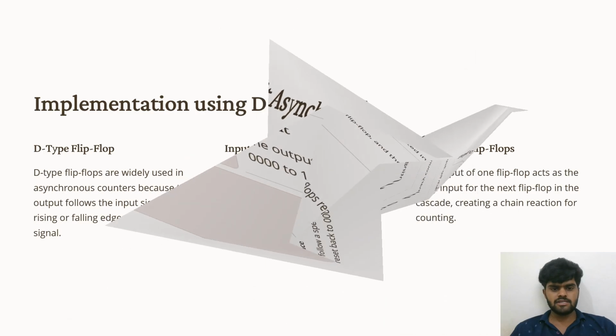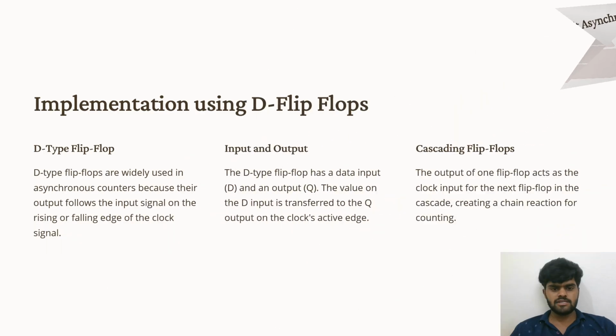Implementation using D flip-flops. D flip-flops are widely used in asynchronous counters because their output follows the input signal on the rising or falling edge of the clock signal. Input and output.